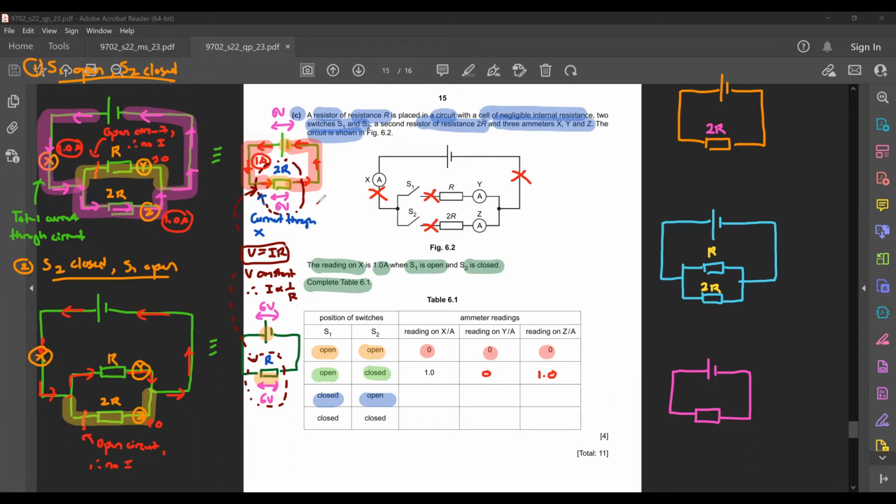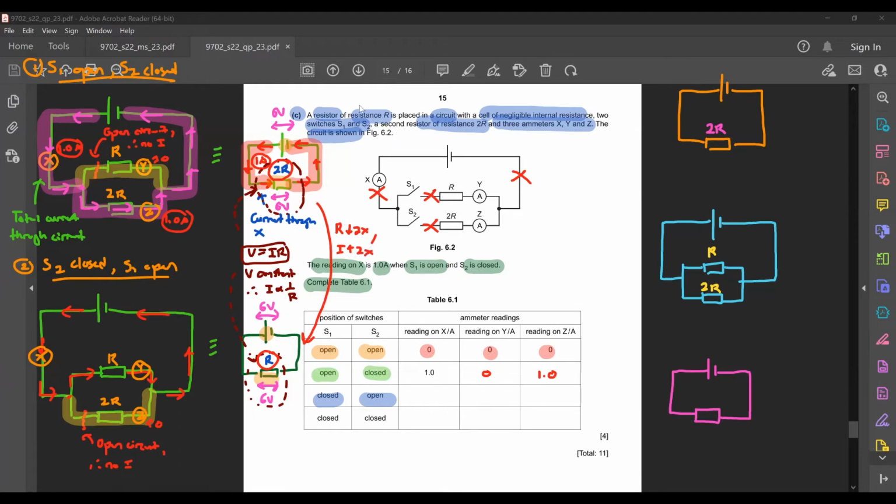If I'm going from the first diagram to the second diagram, how did my resistance change? I went from 2R to R. So my resistance has decreased by 2 times. Therefore, my current should increase by 2 times, because there's an inverse relation here.